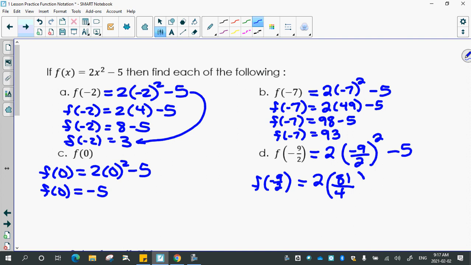Okay, so don't forget to square the bottom, that's a common error. Square the top, square the bottom, and remember when you square a negative number, you get a positive. So following BEDMAS, I would do the exponent first. Then I would do this multiply here, but I would make 2 out of 1, and then multiply the tops together and the bottoms together.